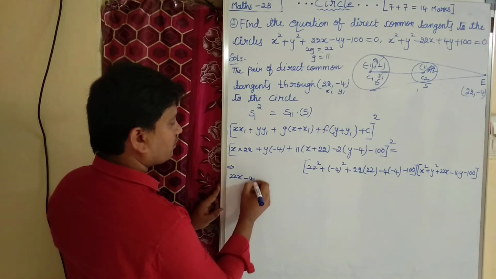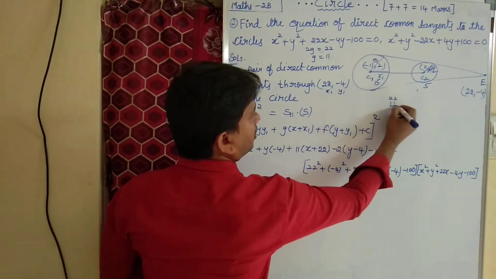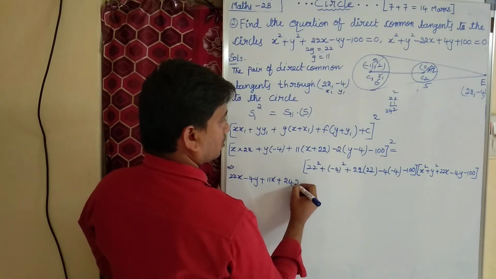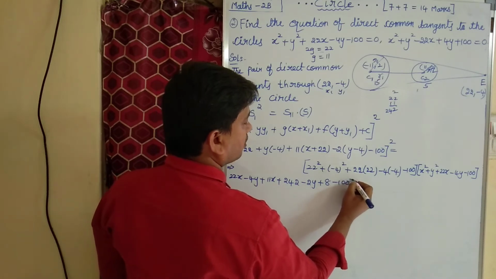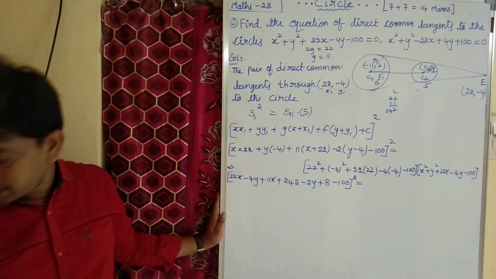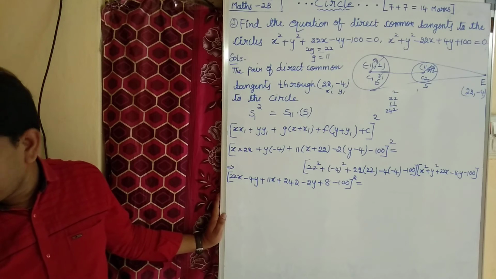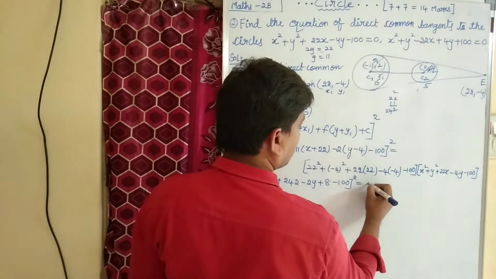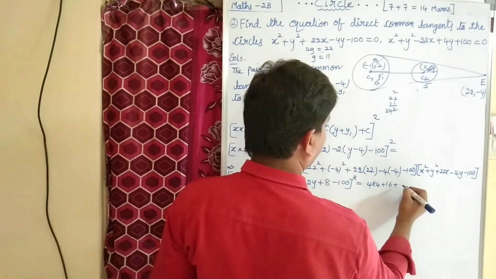22x minus 4y plus 11x plus 22 into 11, 242. Minus 2y, minus into minus plus 8, minus 100 whole square equal to 22 square. 22 square means 484. 4 square means 16. 22 into 22, 484.